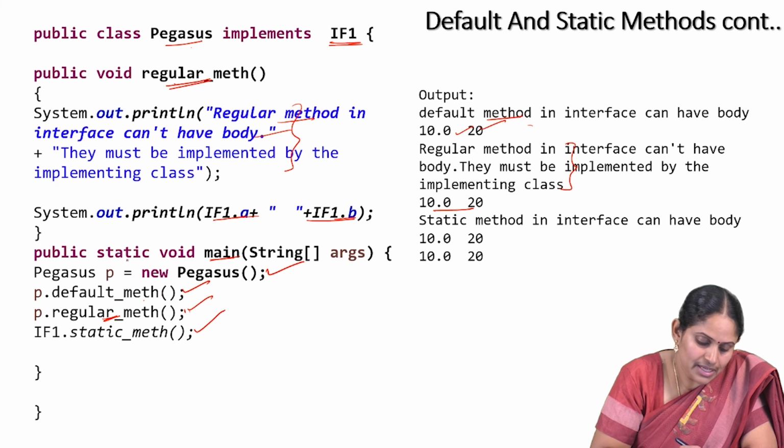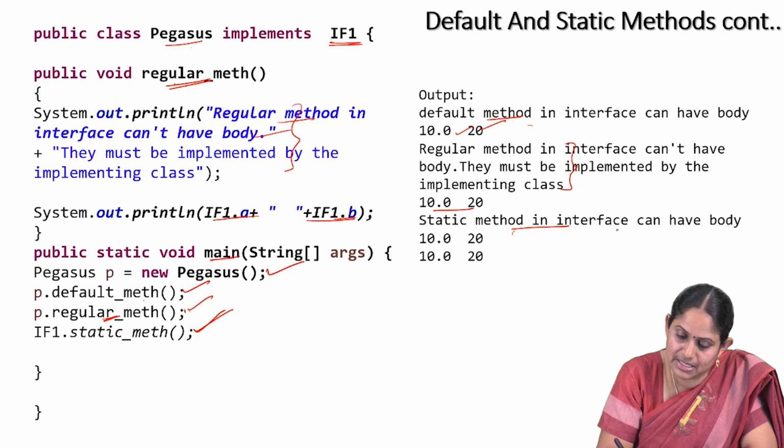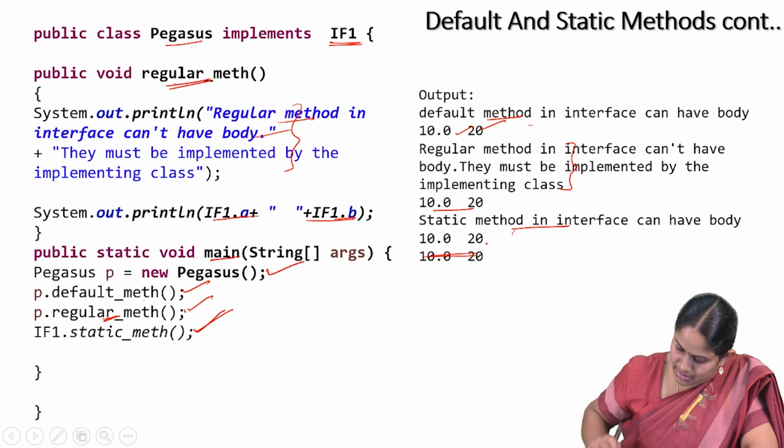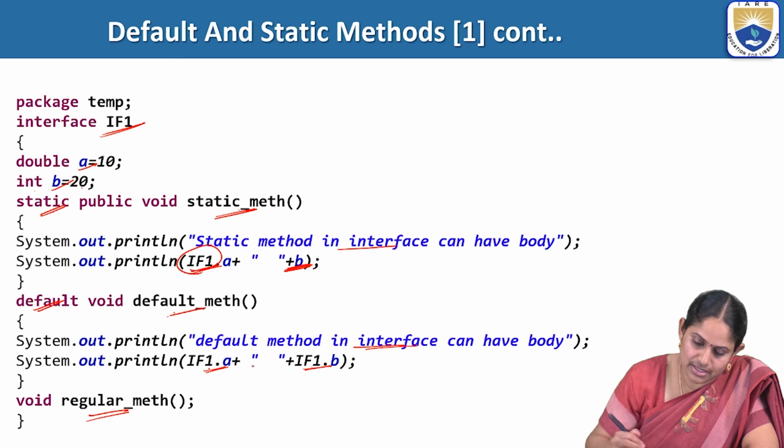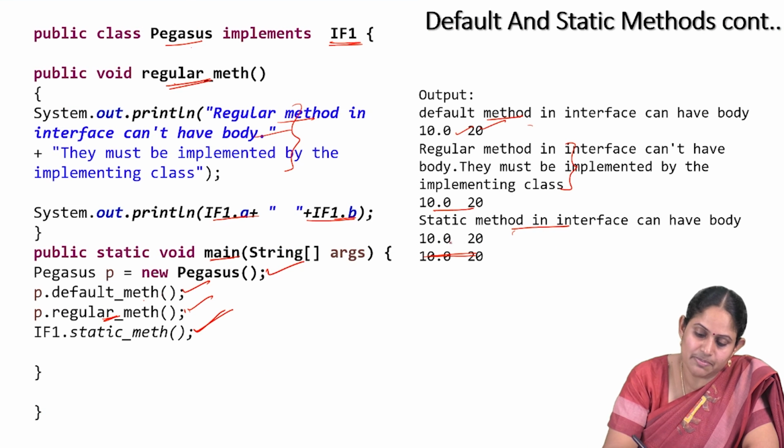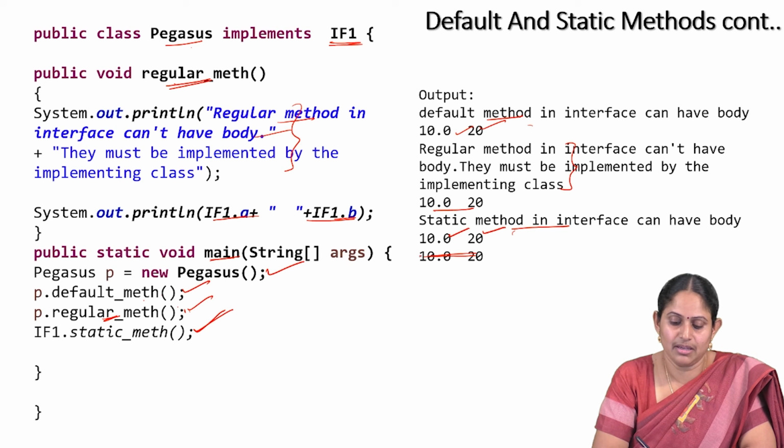Similarly, we have the static method in the interface, which can have a body. Sorry, this statement is not needed there. It is displaying the values of a and b.